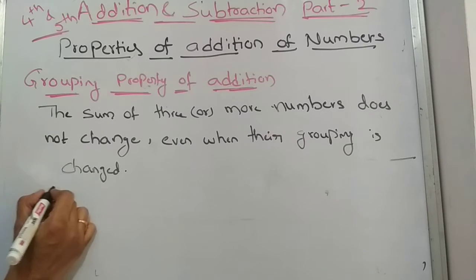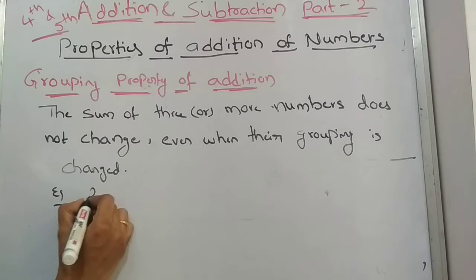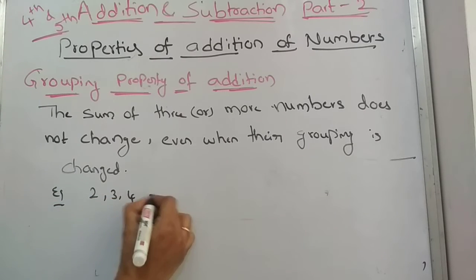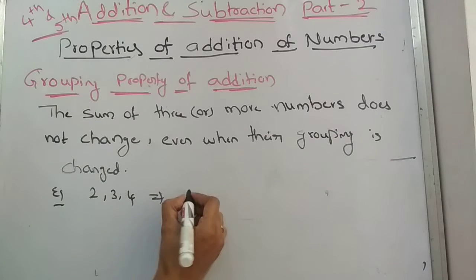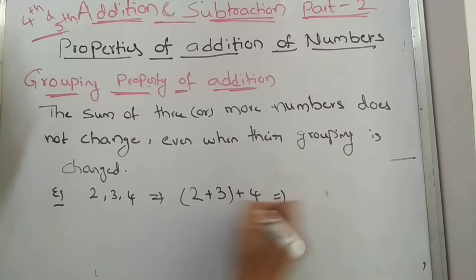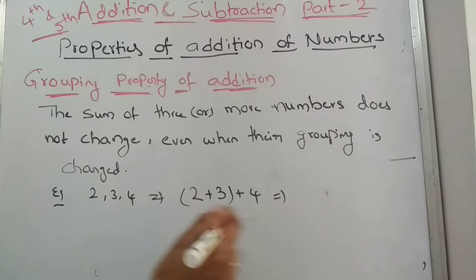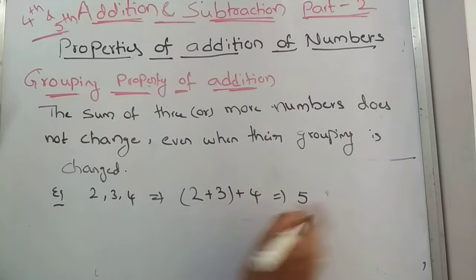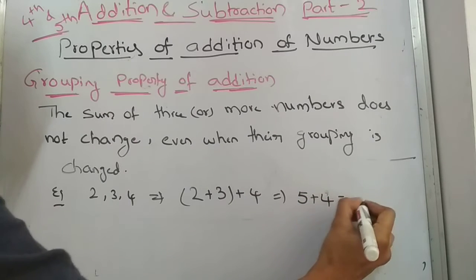For example, suppose I am taking 2, 3, 4. I am doing the sum of these 3 numbers. 2 plus 3 like this, plus 4. What answer will we get? 2 plus 3 means 5, plus 4 equals 9.